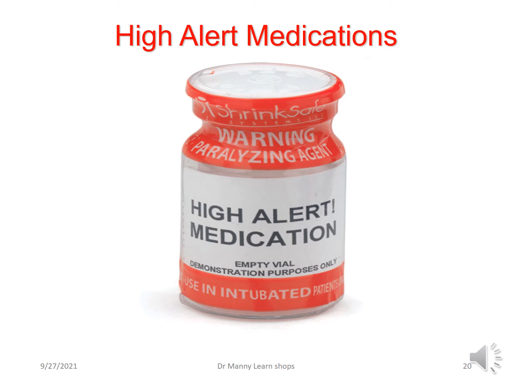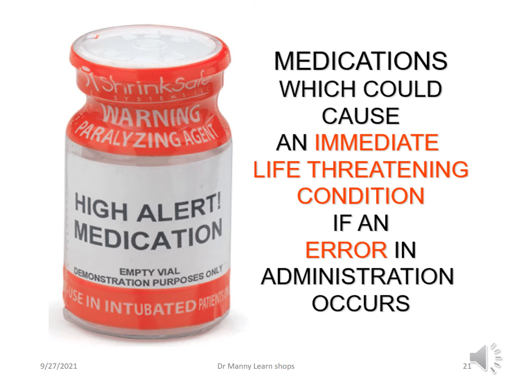When we look at high alert medications, what are high alert medications? Well, high alert medications, according to the World Health Organization and the Patient Safety Organization, are medications which could cause an immediate life-threatening condition if an error in administration occurs. You've given the wrong medication.